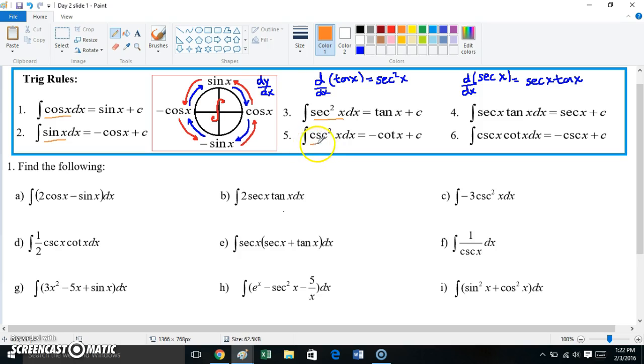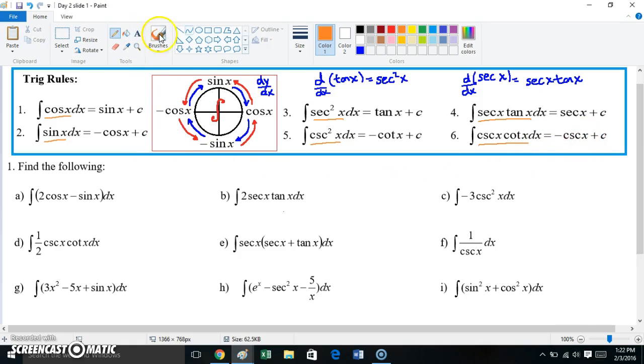The integral of cosecant squared of x is negative cotangent of x. The last two: the integral of secant of x tangent of x is secant x. The integral of cosecant of x cotangent of x is negative cosecant of x.